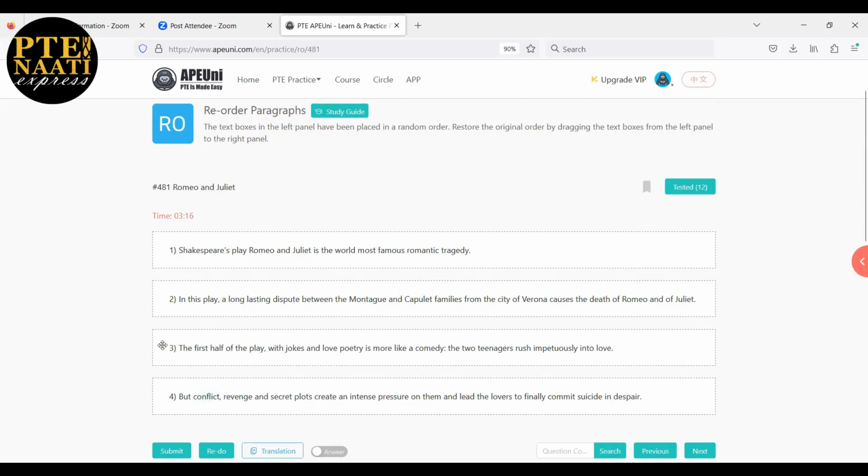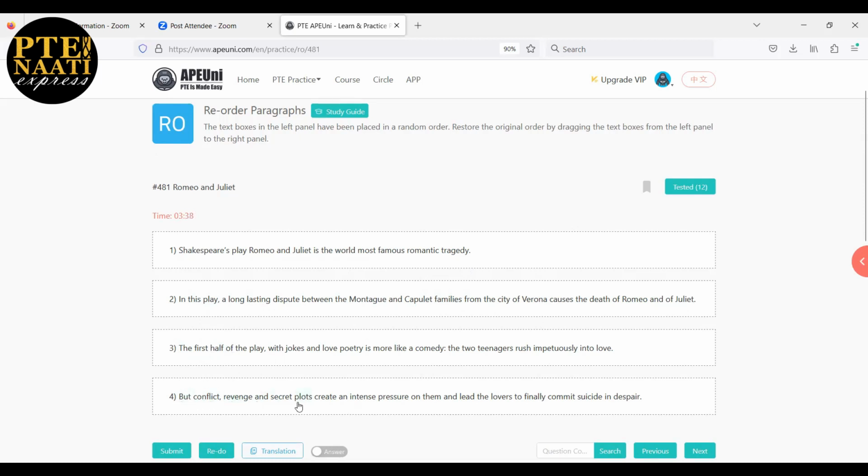Yes, after that, the first half of the play, with jokes and love poetry, is more like a comedy. Two teenagers rush into love. So, the first half of the play.